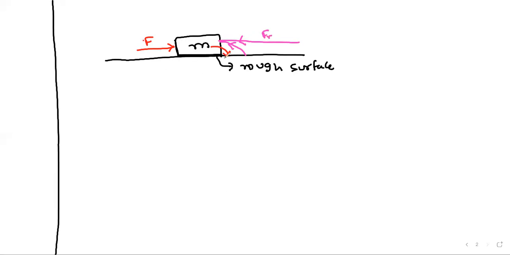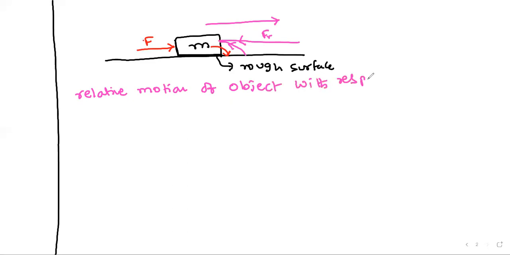Due to this applied force and force of reaction, there will be a relative motion of the object with respect to the surface. And this force of reaction can be called friction or frictional force.